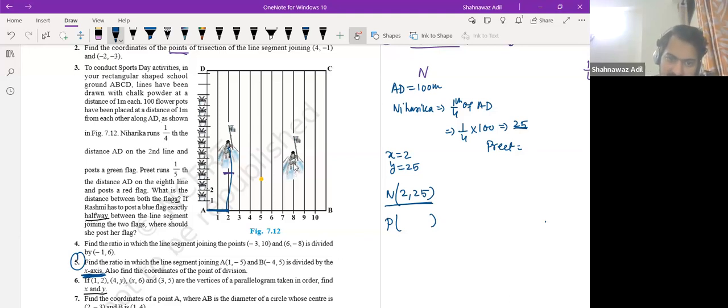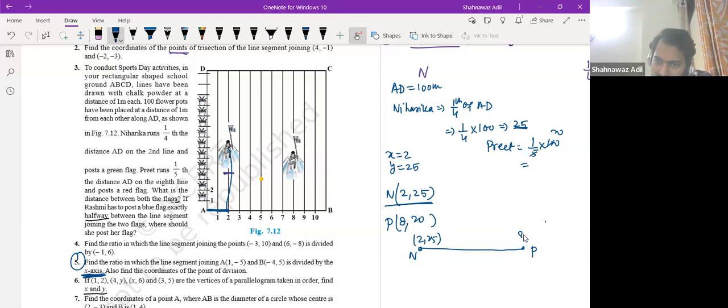So x is 8 and this is 1 by 5th of 100, so 20. Yes, absolutely correct. Good. So you have Niharika at (2, 25) and Preet at (8, 20).